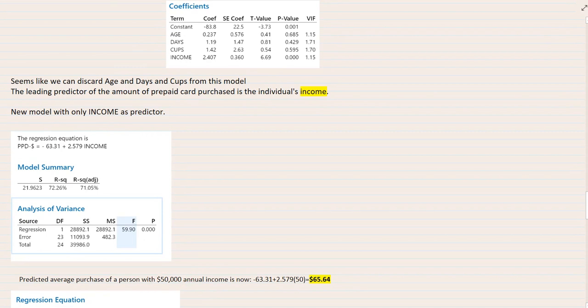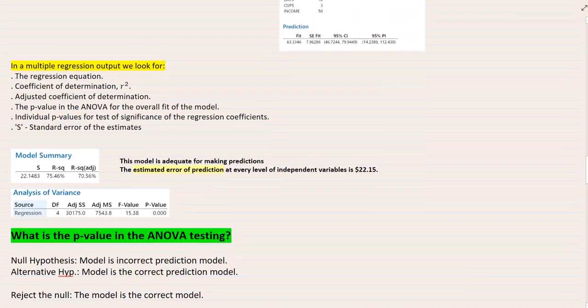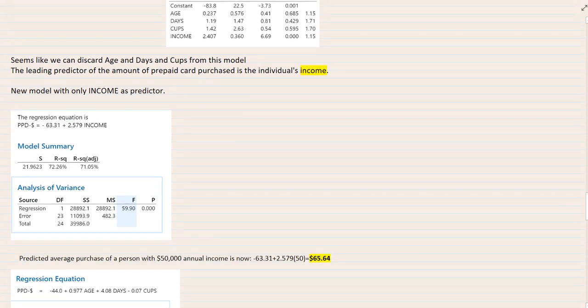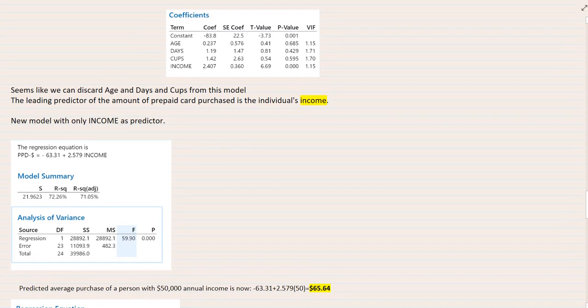It was $64 up here versus almost call it $66 now. 65, 64, not much of a difference. And this is our regression model that you see in here. That's our regression model.